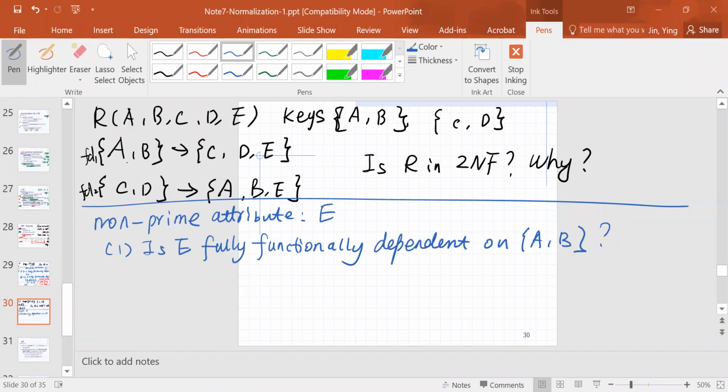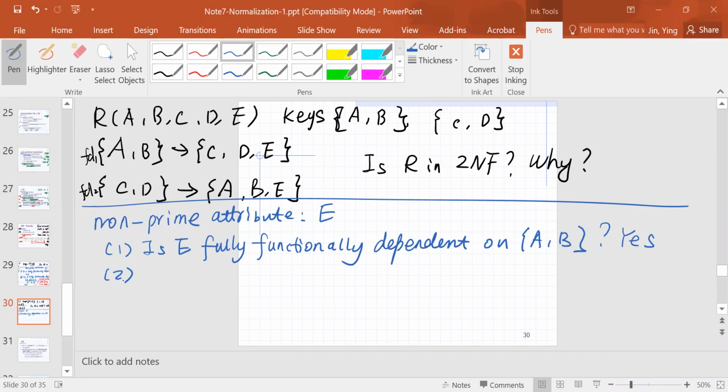So from AB to E, this AB to CDE means AB to E is true. Remember the decomposition rule. And I cannot remove B, I cannot remove A from the given functional dependency and from the inference rules. So that's why this is yes.